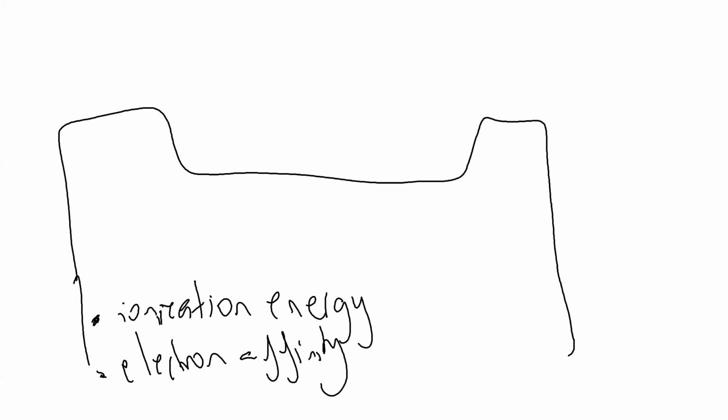Okay, so we can draw it in this way. The electron affinity and the ionization energy increase going up, and they increase going from left to right.